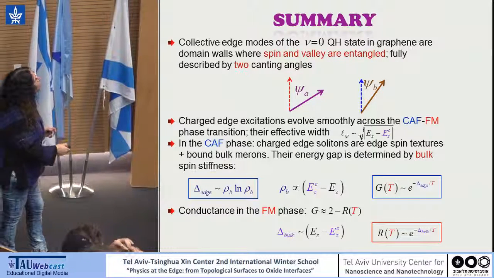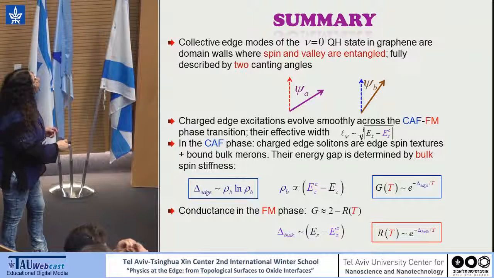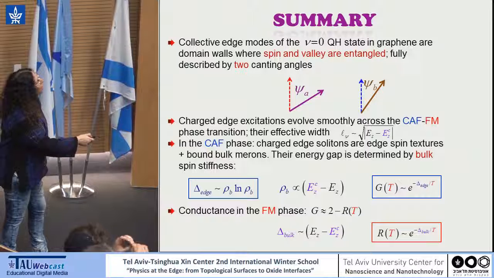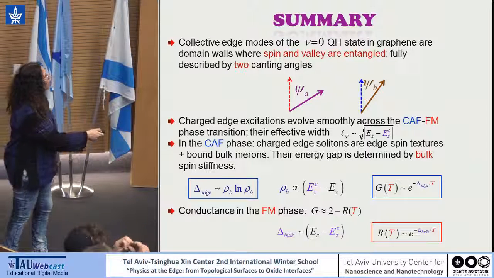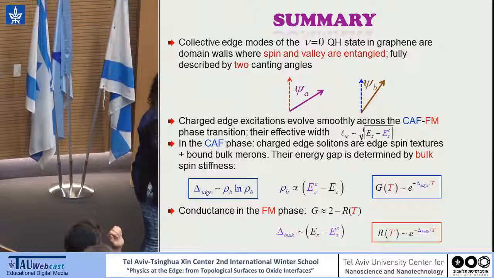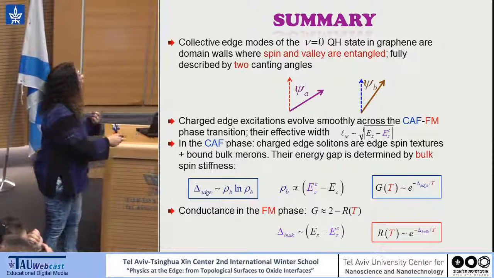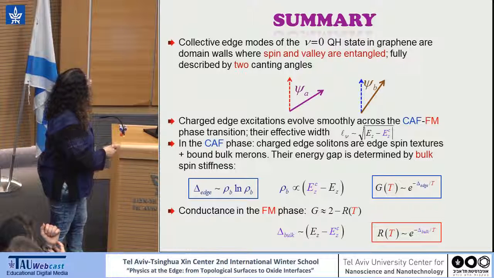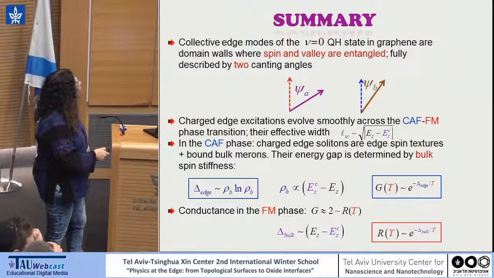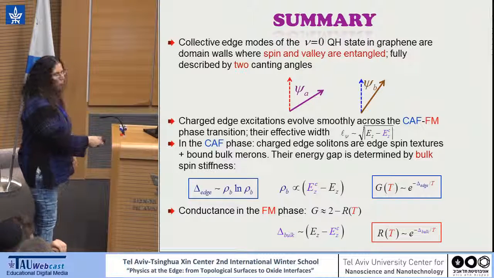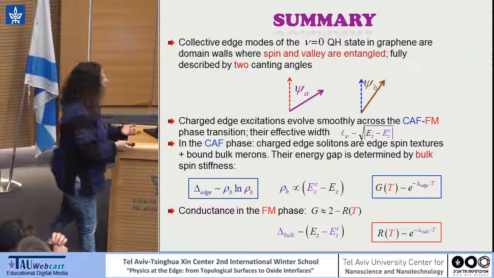And finally, about the transport, I discussed a transition between two distinct phases that have different magnetic order in them, a canted antiferromagnet and a ferromagnet, and they have radically different transport behavior, but moreover, in some sense, the two phases are dual to each other.